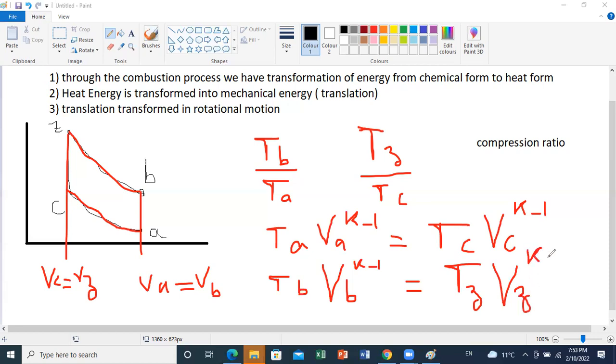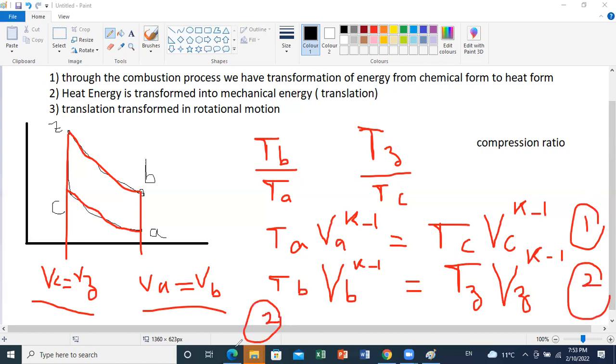And then to profit from this idea that the volumes at A and B are equal and the volumes at C and Z are equal, this is relation 1, this is relation 2. Let us divide 2 by 1. If we do 2 over 1, what will happen is that VA, VB will cancel out and VC, VZ will cancel out.